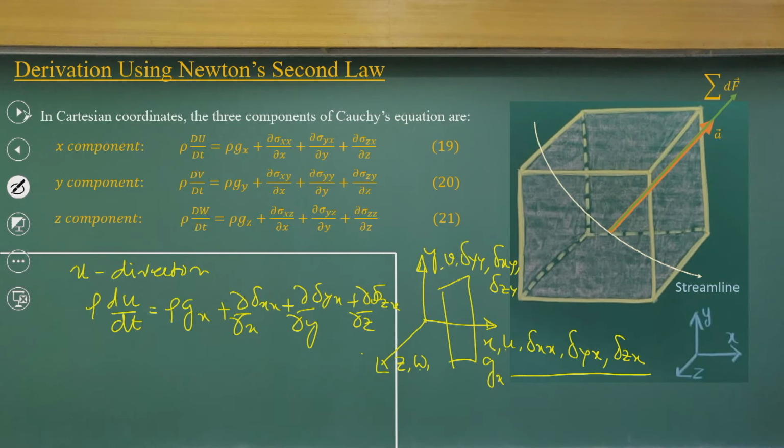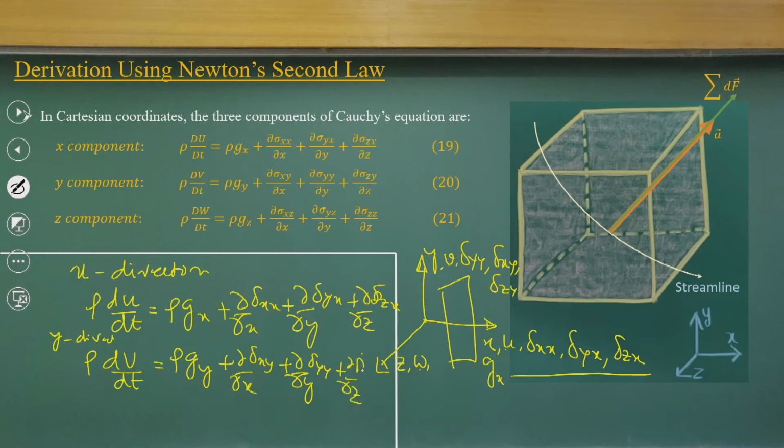The same way, if I write for the y direction, dv by dt is rho g y, plus del by del x of sigma x y, del by del y of sigma y y, del by del z of sigma z y. So, the same way you can write for the z components.